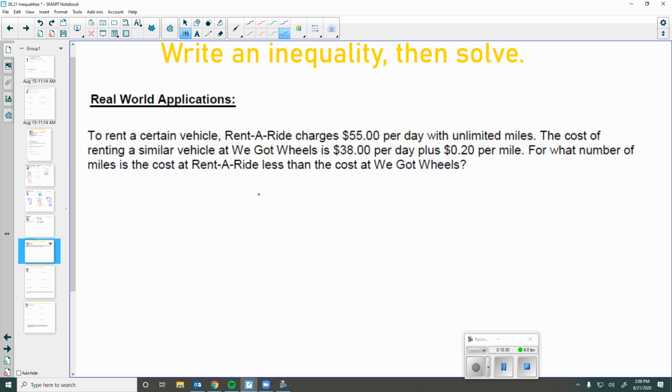For what number of miles is the cost at Rent-A-Ride less than We Got Wheels? So we have Rent-A-Ride and then We Got Wheels. It's asking, when is it that this one is cheaper than We Got Wheels?